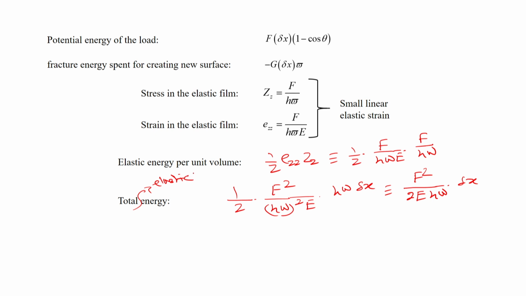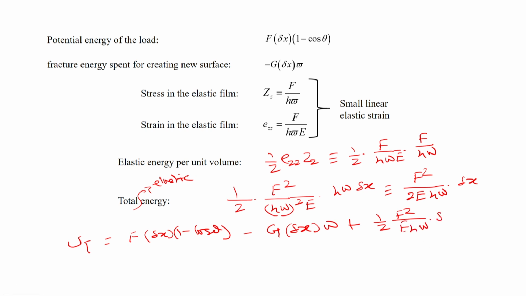So, the total energy that we can find is U equal to F into delta x into 1 minus cos theta, minus G delta x into W, plus F squared by 2 E H W into delta x.